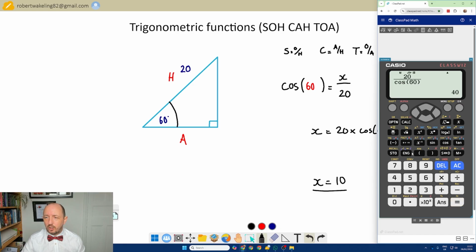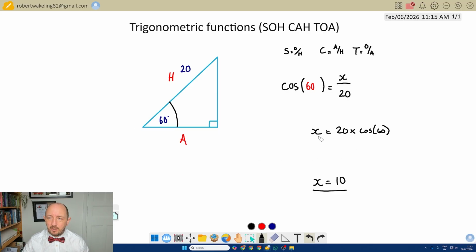No. Or I'd try cos 60 over 20. No. So those are my options. We either divide, we flip it upside down and try that divide, or we times them together. So there's three possibilities. So now I've got my 20 times cos 60. That gives me my answer, and then I'm done like that.